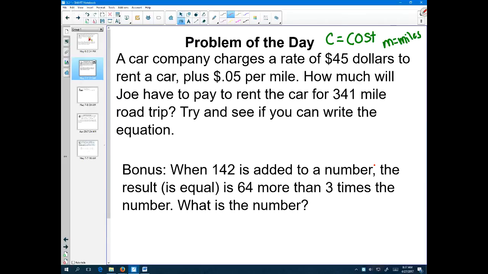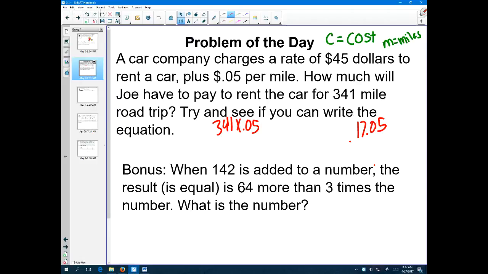Okay, so first things first, 341 times 0.05, which comes to 17 something. So this equals 17. Now what do I have to do with that?